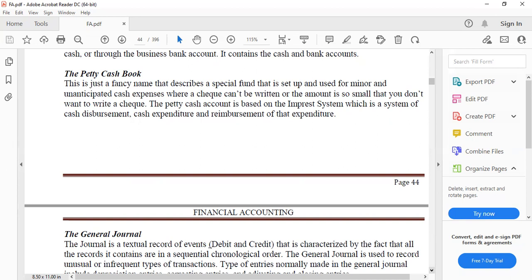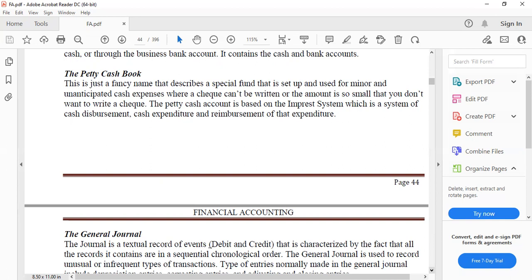Now, petty cash, these are expenses which recur daily in a business organization. Like purchase of snacks, routine maintenance, fare, transport, or maybe fuel for maybe the organization bus.